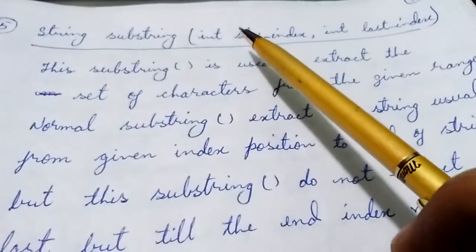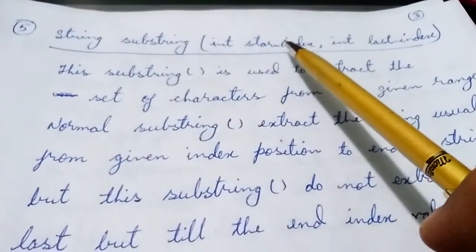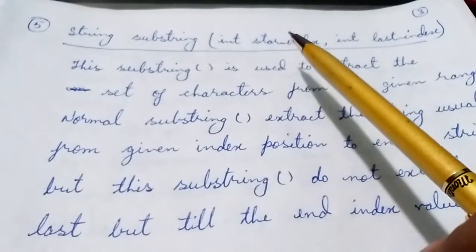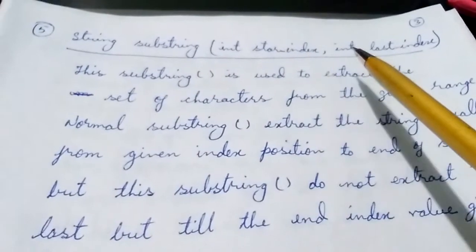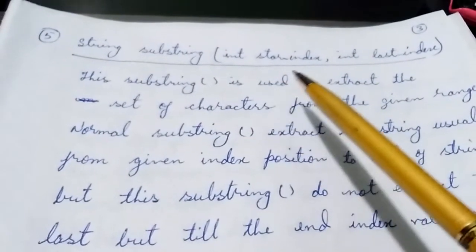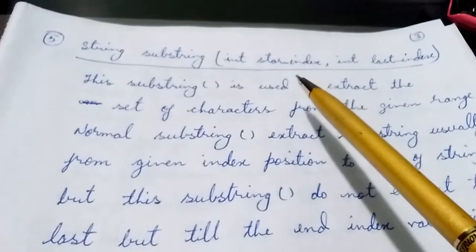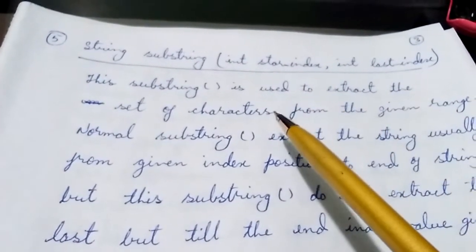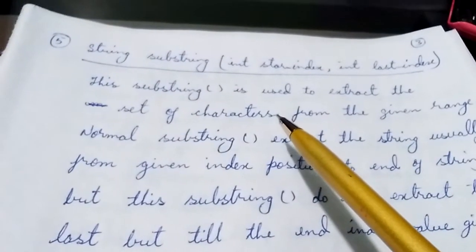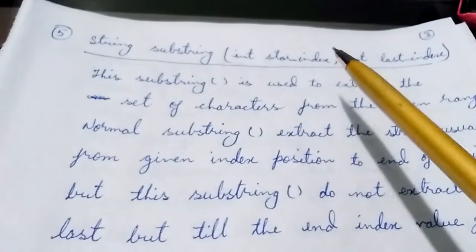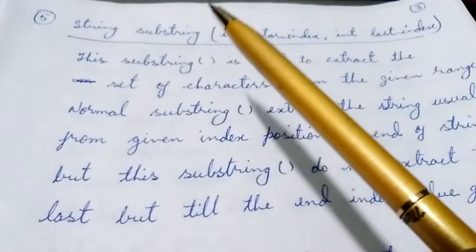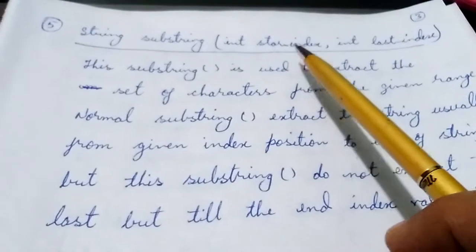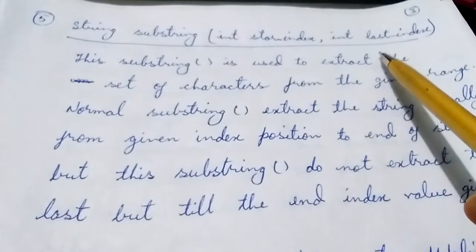Normally substring starts at the index value and goes till the last, but in this substring function, we can provide a range, like from 5 to 10 we want to extract. Suppose the index locations go from 0 to 15, and we want to extract the characters ranging between 5 to 10. For that we use the substring function, where we provide the start index value and the last index value.